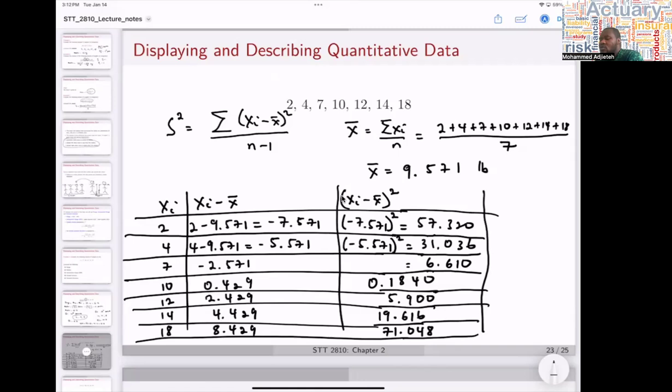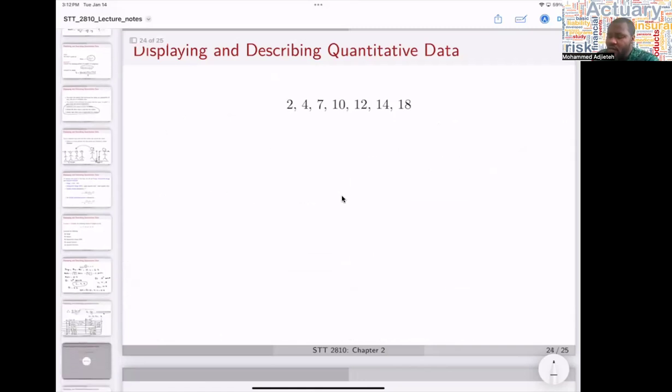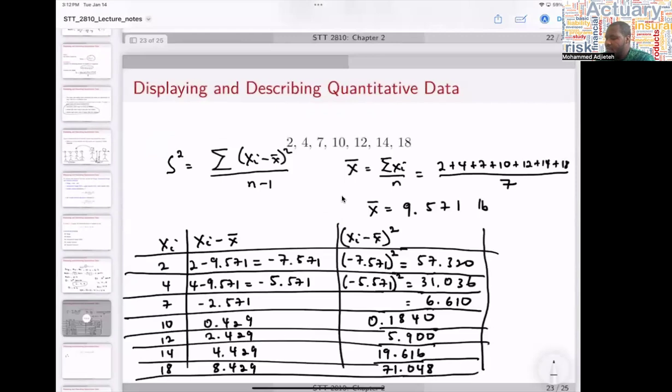So now to compute the sample variance, which is s squared, all we need to do is sum all the numbers in this column.